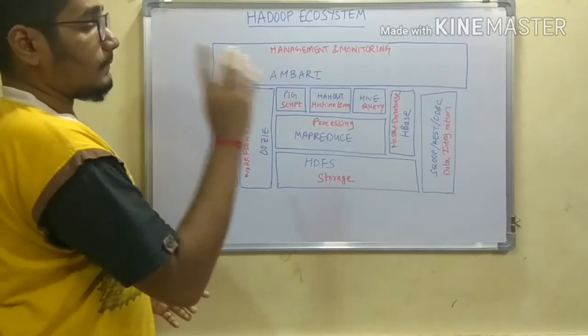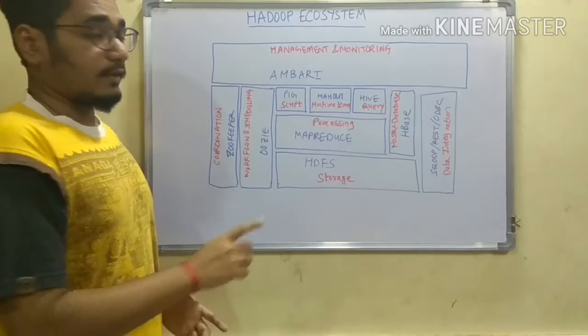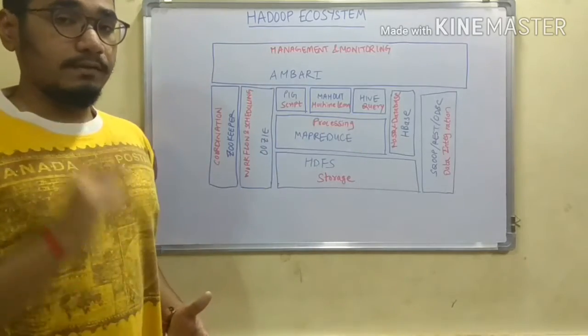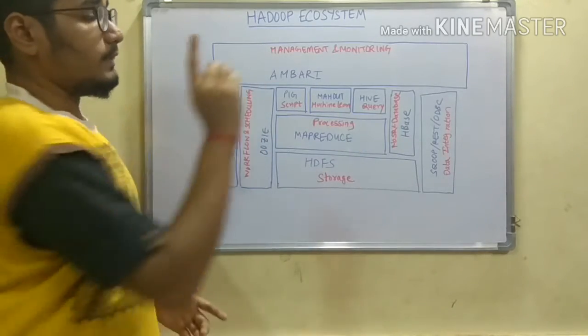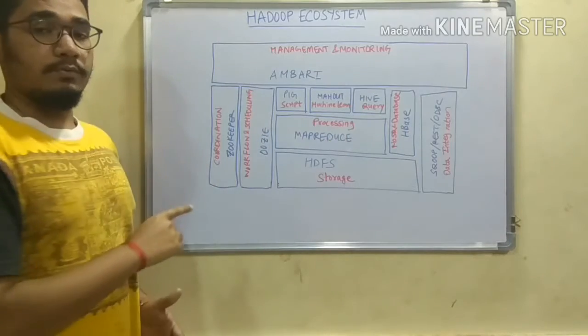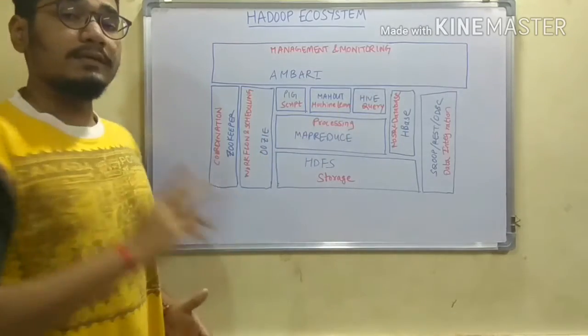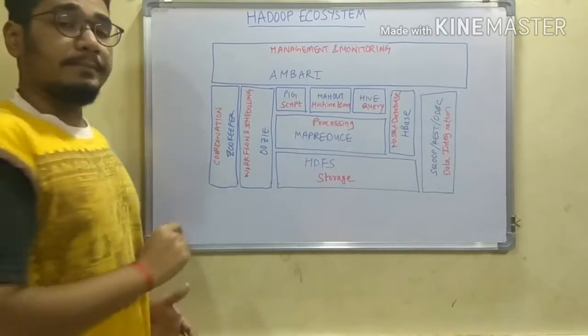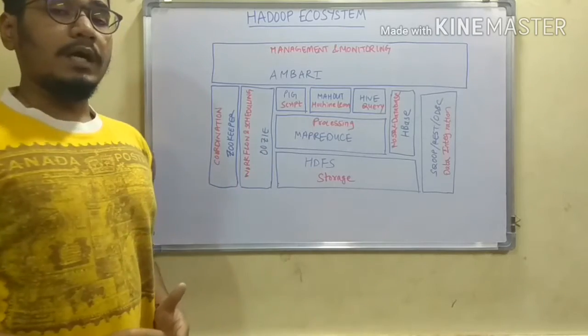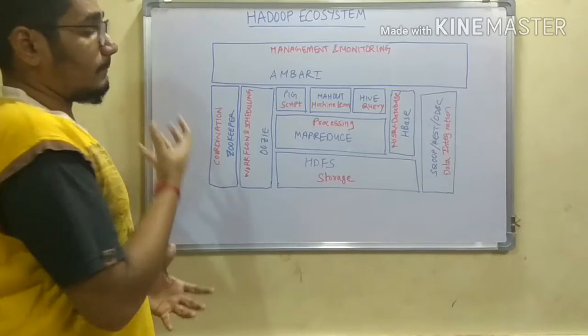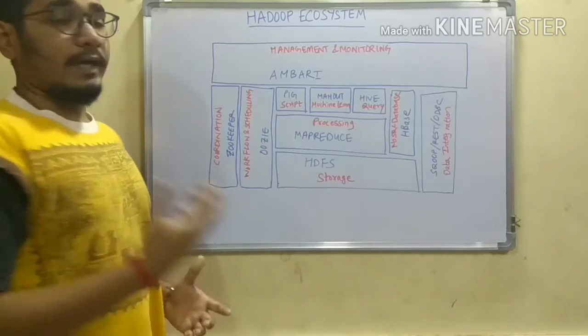But if that is the case, and if you are using HBase, then it is not operational. HBase works upon Zookeeper, meaning these two components are dependent. If Zookeeper is present, then only it can perform operations which are based upon Zookeeper.